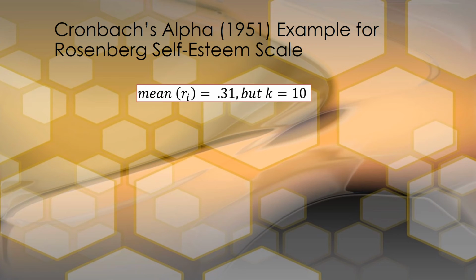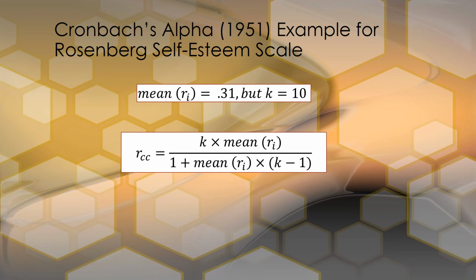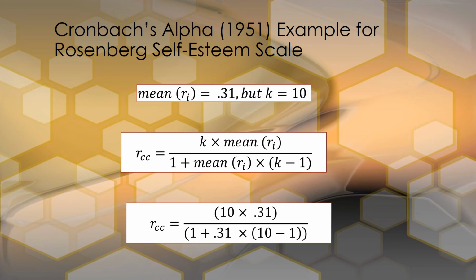But now we have 10 items. We have the whole Rosenberg self-esteem scale instead of just 3. And we're going to see what happens to Cronbach's alpha. So we're going to use the same formula from before. So now we have 10 times the mean of 0.31, and then at the bottom, instead of 3 minus 1, we have 10 minus 1.